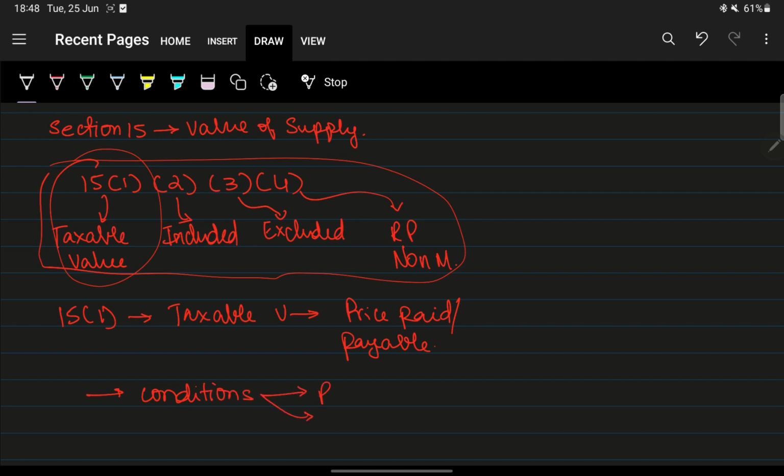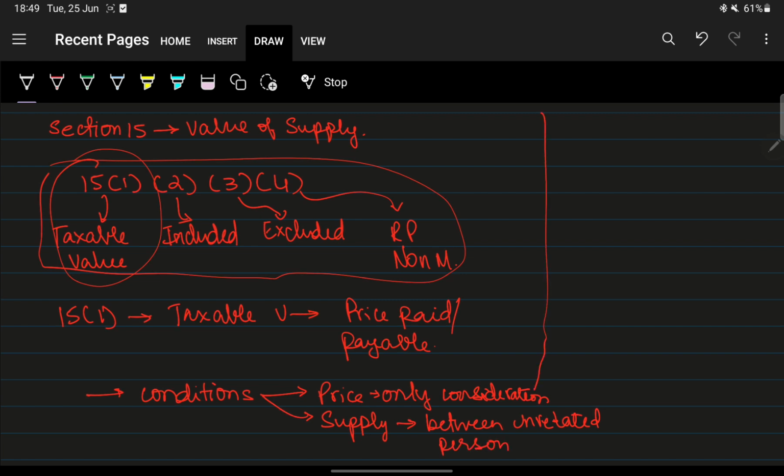The first condition is that price should be the only consideration. The next condition is that the supply should be between unrelated persons only. So these are the 2 conditions.